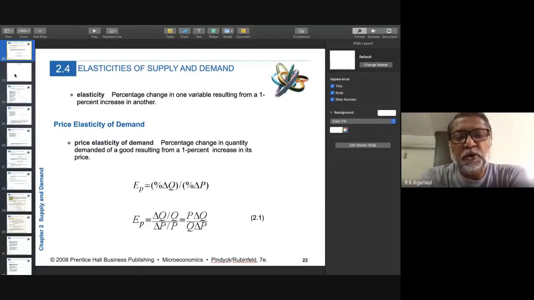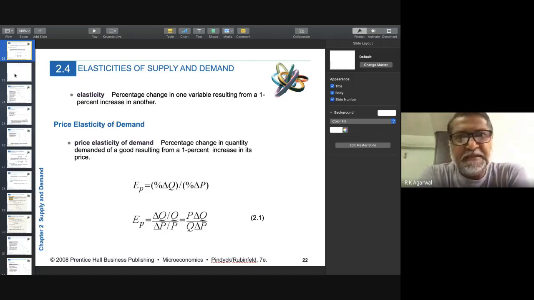But the law of demand does not tell us how much the demand will change as a result of a 1% change in price. That is exactly what elasticity does. Elasticity of demand or elasticity of supply simply means the responsiveness of demand or supply to a change in the price of that product. Say, for example, at 100 rupees per chocolate, there is a demand for 200 chocolates.